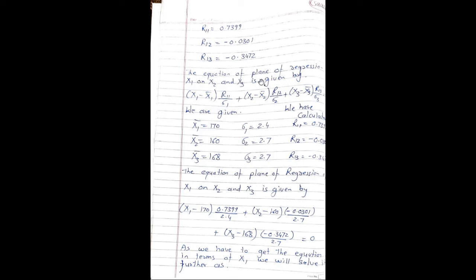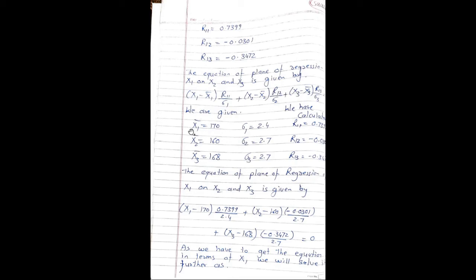The equation of plane of regression of x1 on x2 and x3 is given by (x1 minus x1 bar) R11 upon sigma 1 plus (x2 minus x2 bar) R12 upon sigma 2 plus (x3 minus x3 bar) R13 upon sigma 3 is equal to 0.